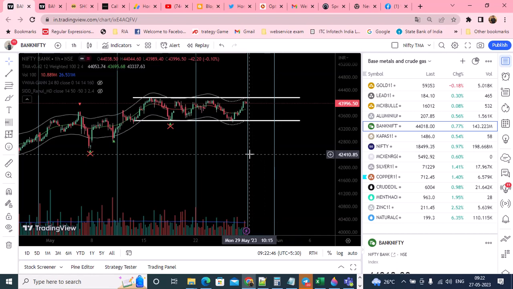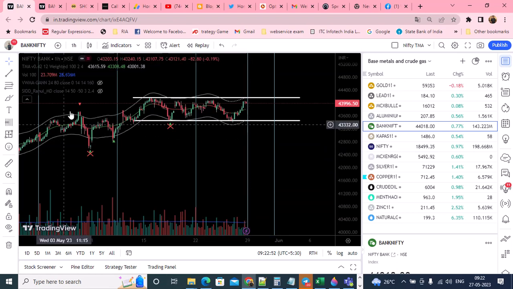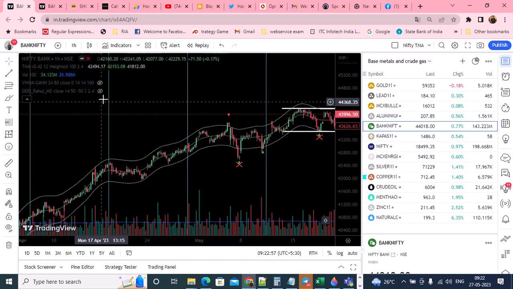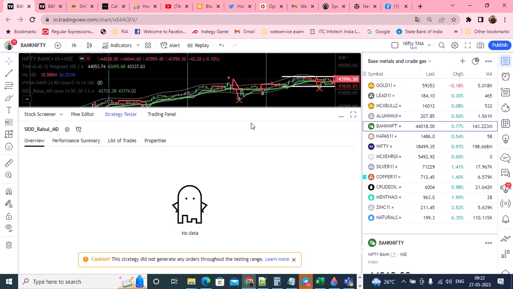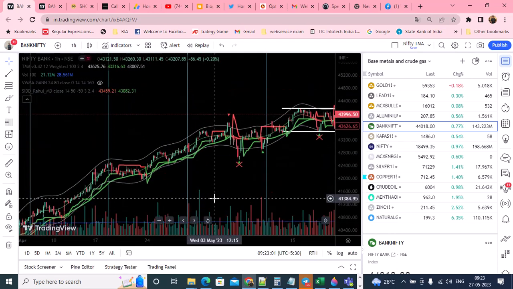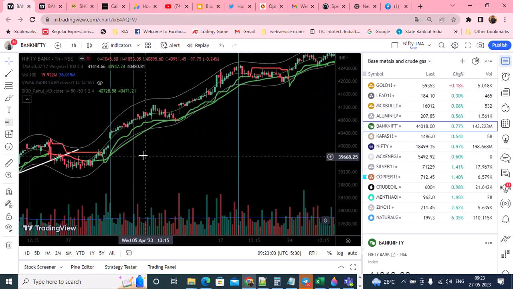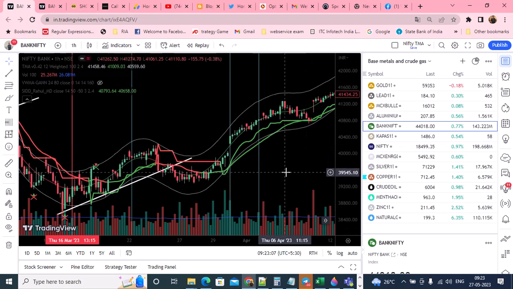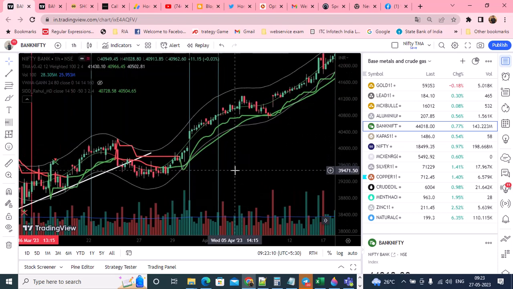If you want to get help yourself, there are many indicators you can use to identify the trend. I am using this one. Rahul Mohinder has given one VIDYA indicator, and with that I have added the ATR.